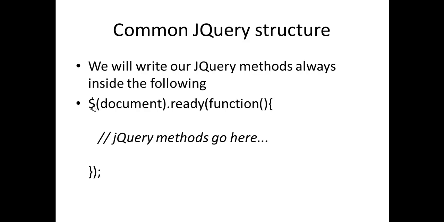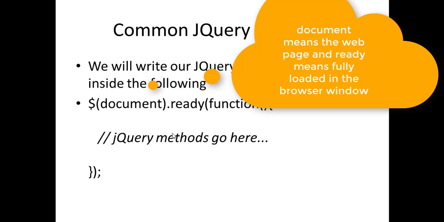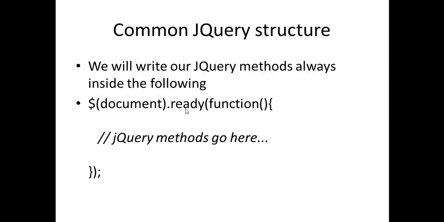You can even use the keyword jQuery in place of the dollar. The document.ready function indicates that the body of this function will be executed once the document is ready, meaning once it is fully loaded in the browser. After it is fully loaded in the browser, the following things are ready to work. That is the meaning of this ready function.